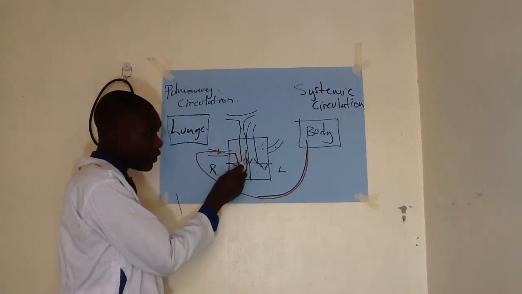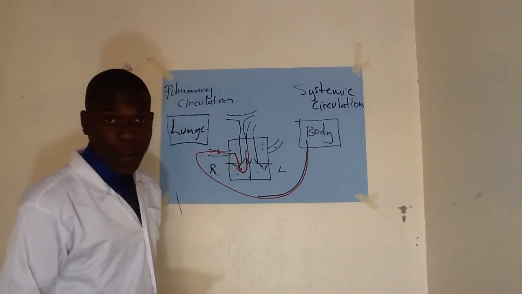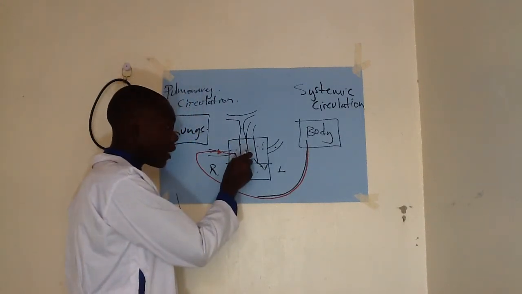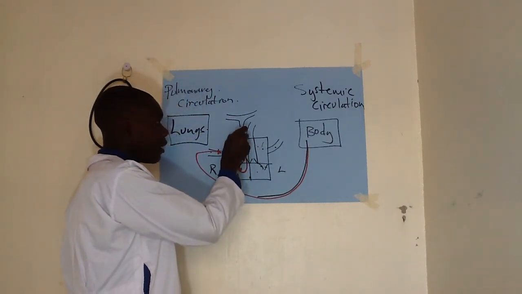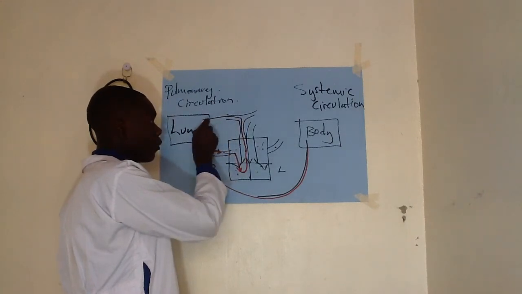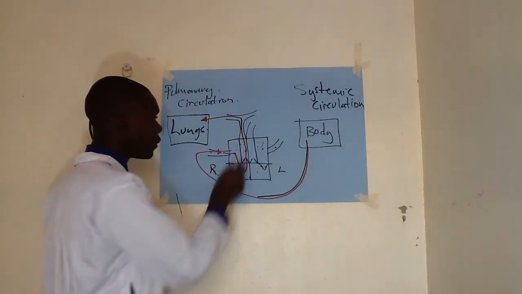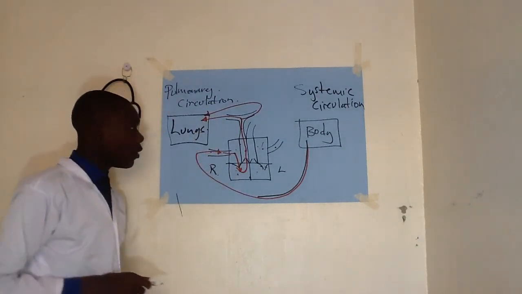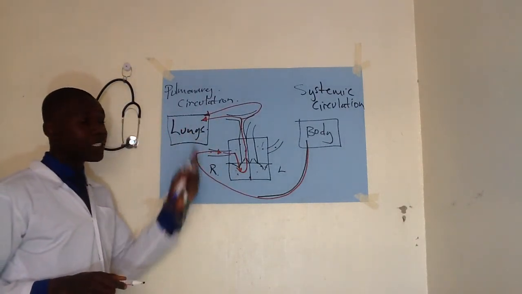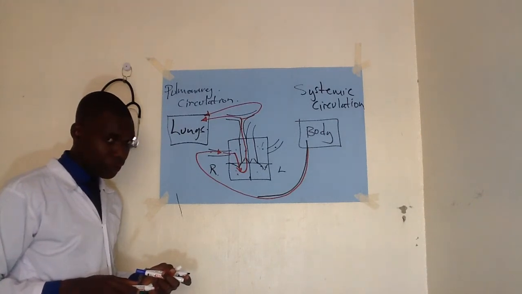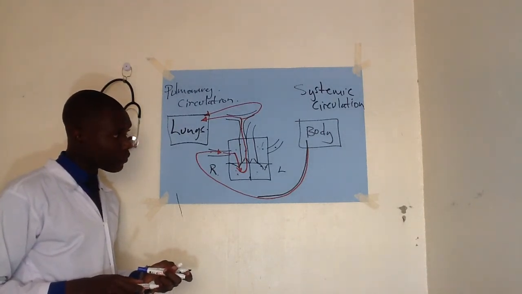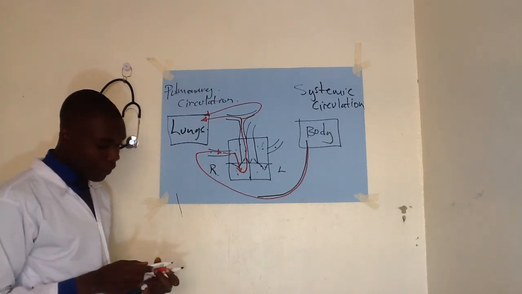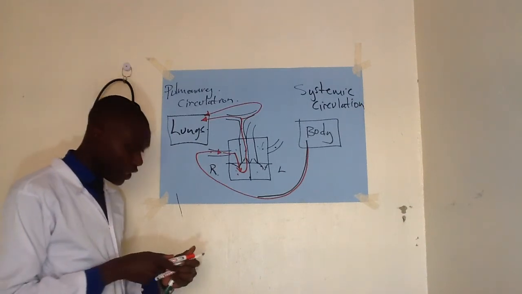It crosses the pulmonary semilunar valves to the pulmonary artery, where it is taken to both lungs. When it reaches the lungs, it picks up oxygen. After picking up oxygen, it comes back oxygenated.